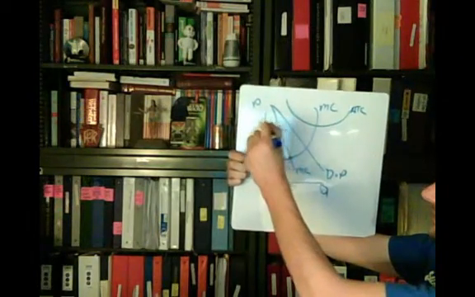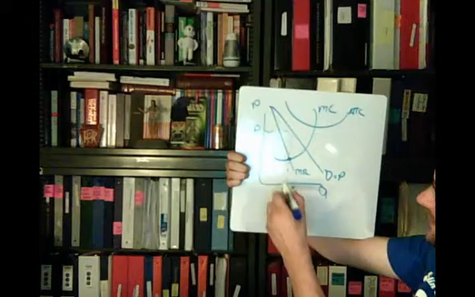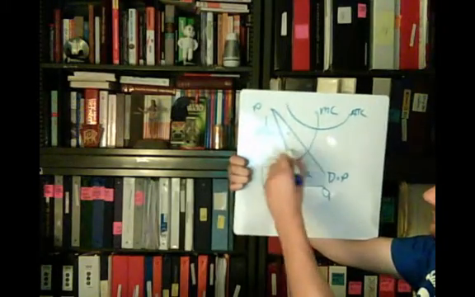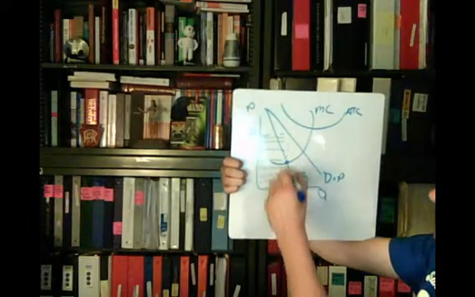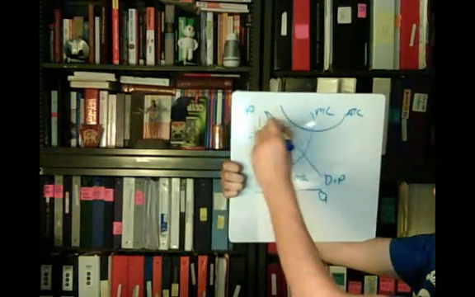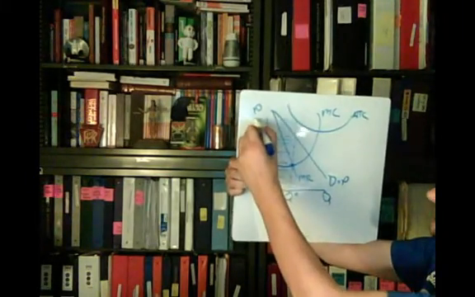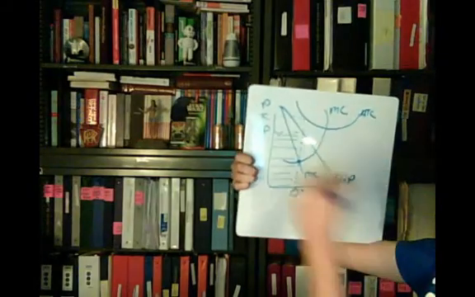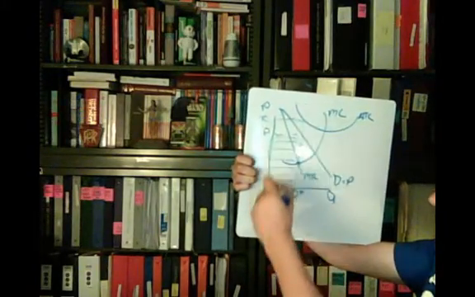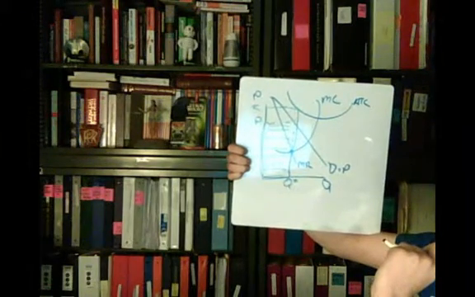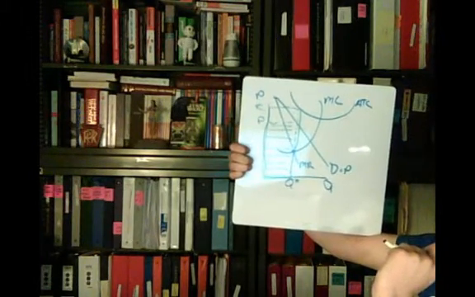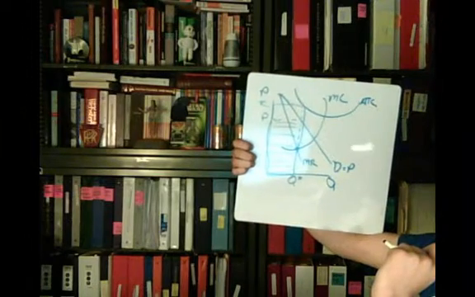Up to the demand curve to find the price. Here's my revenue. Now what's the cost? It's way up here. Right, that rectangle for total cost is much larger. This firm's going to be at a loss. It's not going to be making money here.